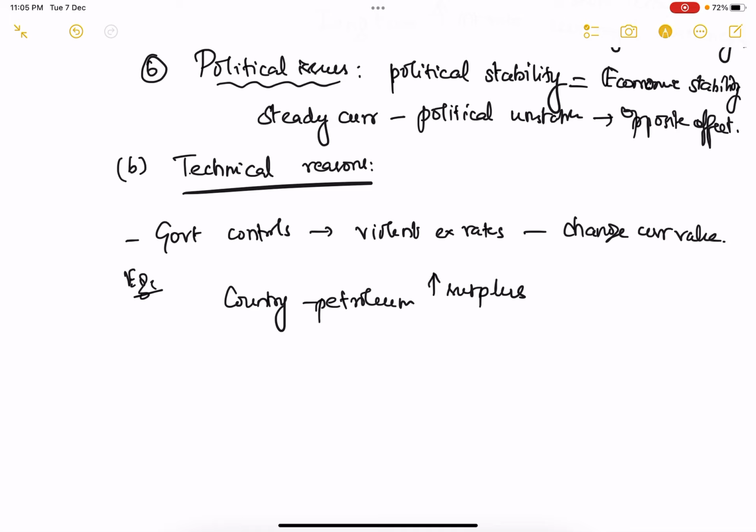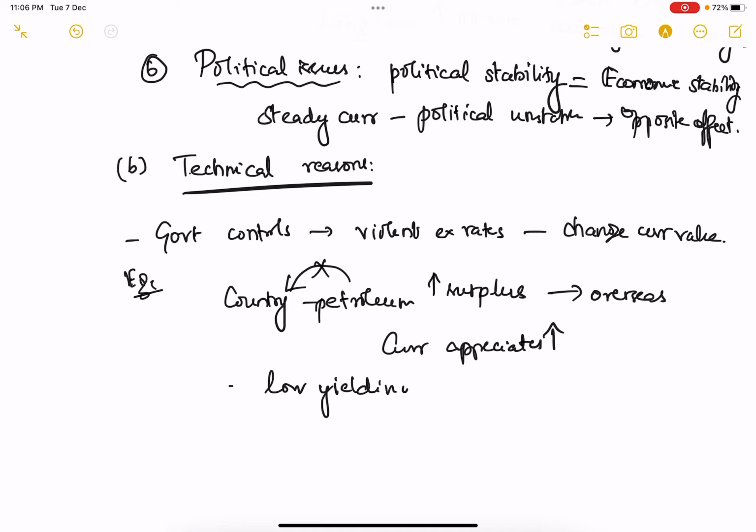Obviously, that petroleum cannot be utilized by the country, whereas it has to be invested overseas. This will lead to a huge movement of capital overseas, and thereby the currency appreciates. So this is the movement from a low yielding currency to a high yielding currency. Thereby it influences the movement of exchange rate.